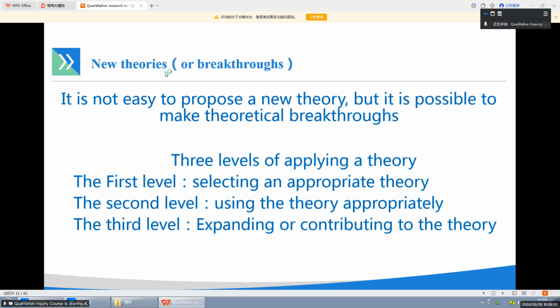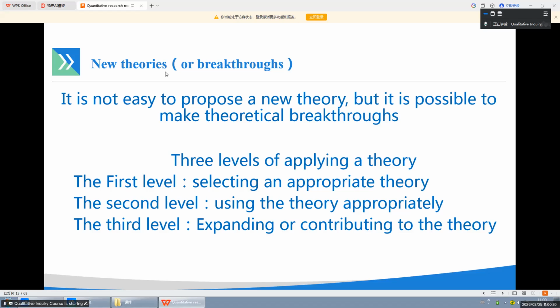So is it possible to use more than one theory? Yeah, it's possible. But if you list a number of theories in your thesis, you merely put them there, but they do not really guide your research.